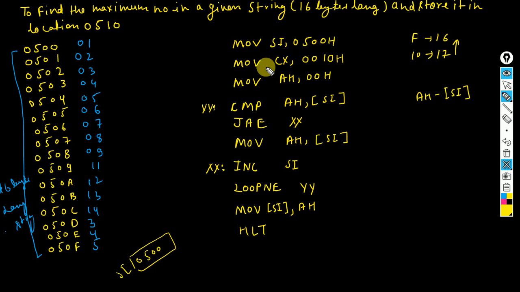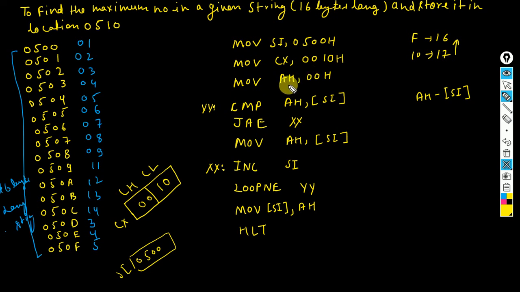Next instruction is MOV CX, 00H. This is your CX register. In this we have CH and CL. Lower bit data is stored in our CL register, and CH value is 00.